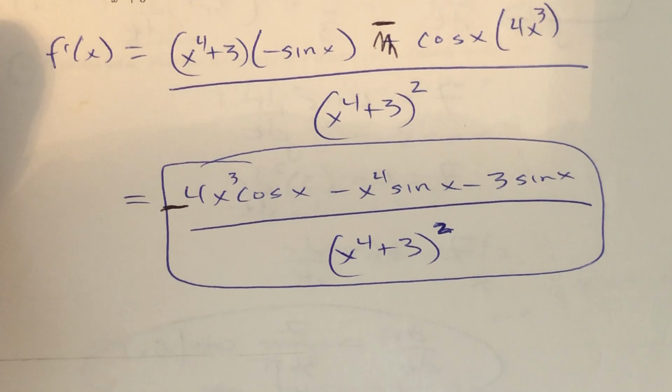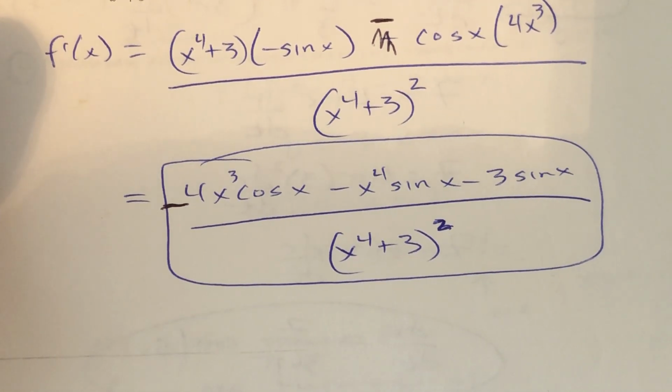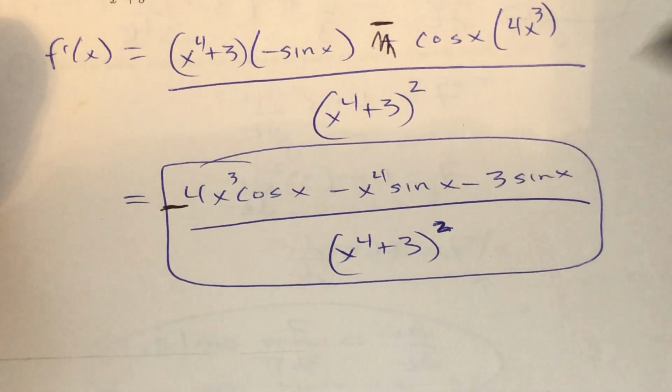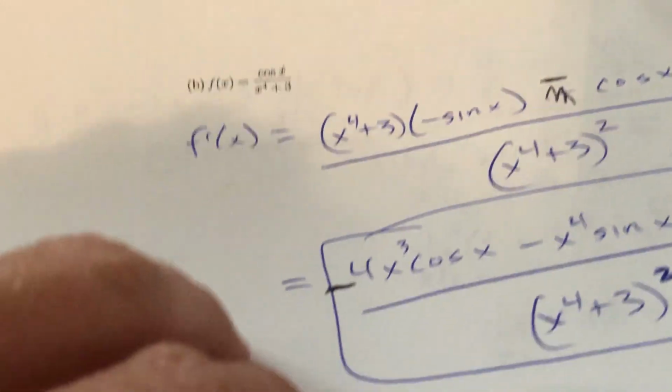All over the square of what's below. Definitely a minus. Don't rush through answers, folks. All over the square of what's below. You don't have any sine squared plus cosine squared situation, so I would leave it as such. All right. That would be good on the simplifying, I would think.